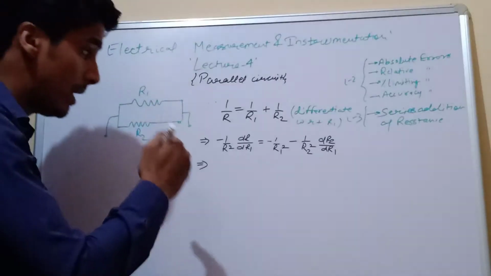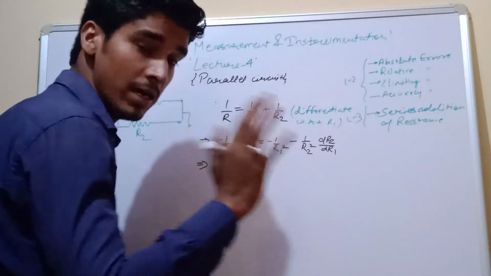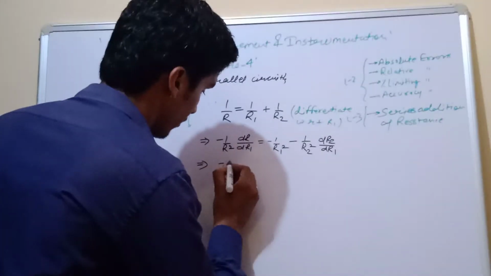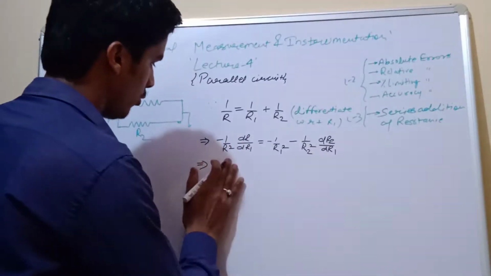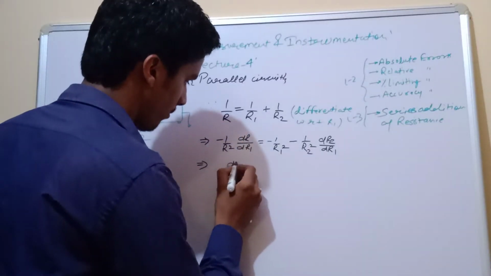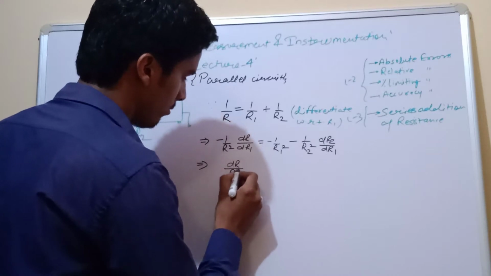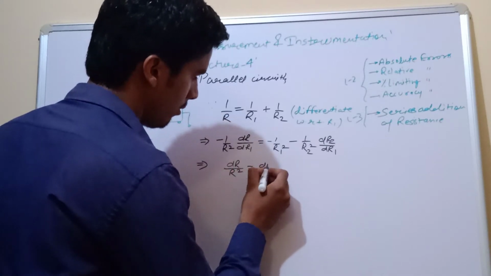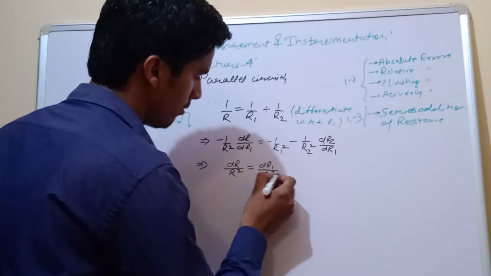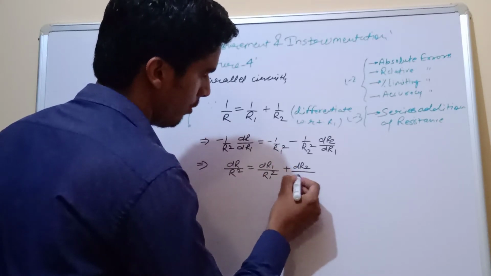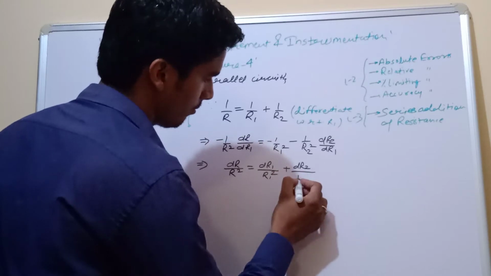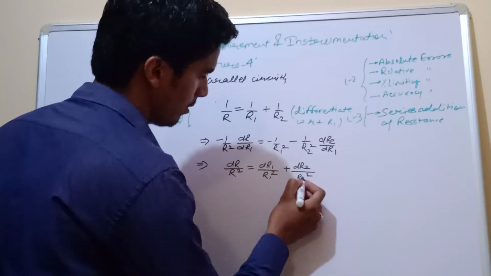Now multiply this term with dR1, and by taking minus common, minus and minus get cancelled. So here we can write dR upon R square is equal to dR1 upon R1 square plus dR2 upon R2 square.